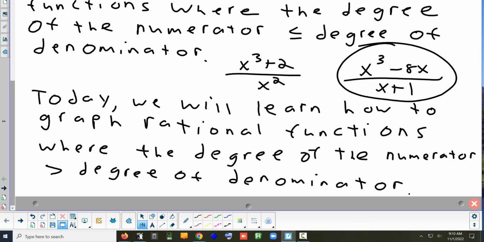What's that a difference of? 2. That's a little more complicated than the one before it. The further apart these two exponents are, the harder it is to graph. So we're going to be focusing mainly on where the difference is either a 1 or a 2. Okay, we're not going to be doing anything higher than that by hand.